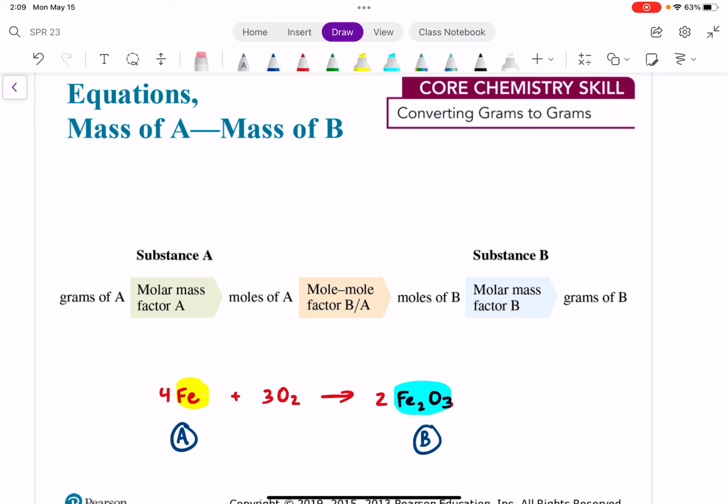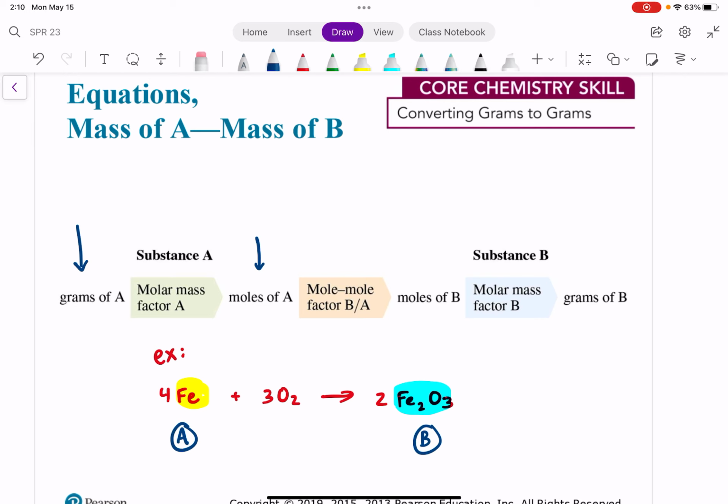So say we start with substance A. We measure out in lab our grams of substance A, which in this case is iron in this example. So we start out with some number of grams of iron, and we want to get to moles of iron. Why do we want to get to moles of our substance A?